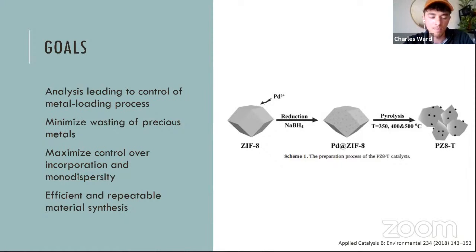This is beneficial compared to homogeneous catalysis, because in homogeneous catalysis, you have problems separating your catalyst afterward, right? So in this case, I'd be able to reuse this material over and over again.